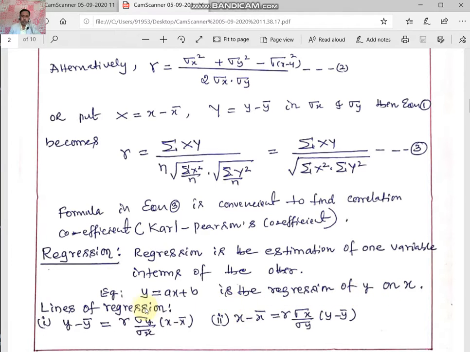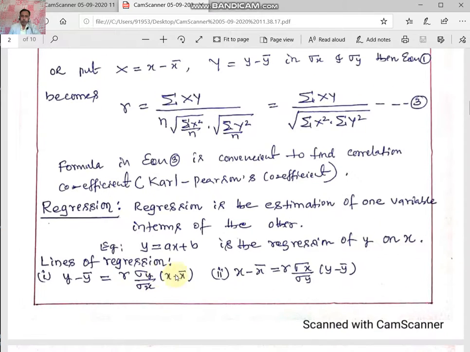By chance, if it is written as x is equal to ay plus b, then it is called regression of x on y. Now, lines of regression, two standard lines of regression are studied. One is y minus y bar is equal to r into sigma y by sigma x into x minus x bar.